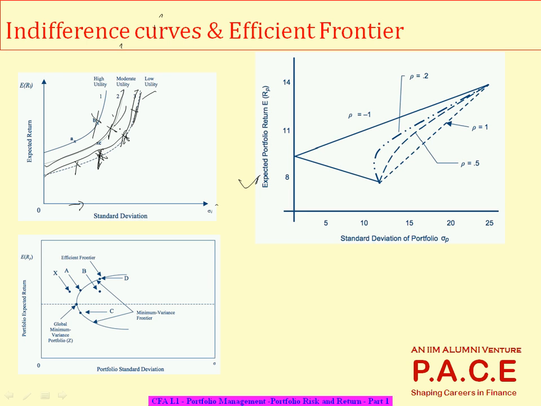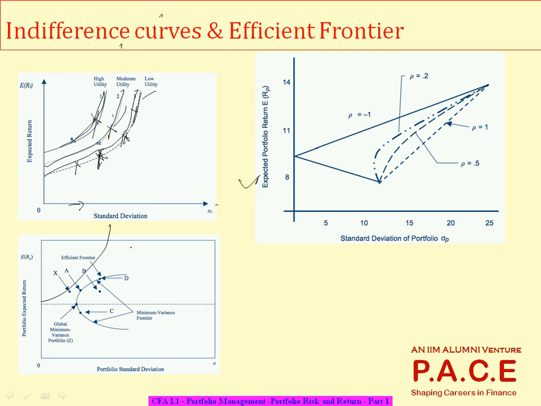Now, which is the optimum portfolio for the investor? I will superimpose this utility curve on the efficient frontier. The utility curves and the efficient frontier are superimposed, and wherever the highest utility curve touches the efficient frontier, that is the optimal portfolio.